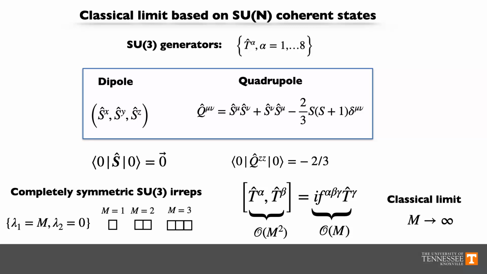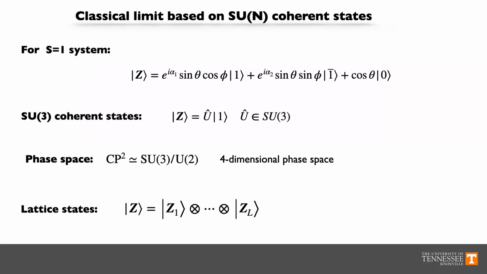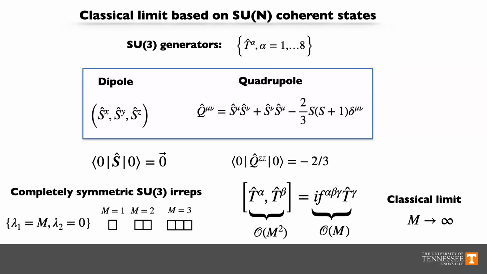And then these other values of m correspond to completely symmetric irreducible representations that have the same set of coherent states. The manifold of coherent states of a Lie group depends on the irreducible representation. So this is the sequence of irreps that all have CP2 as the manifold of coherent states.